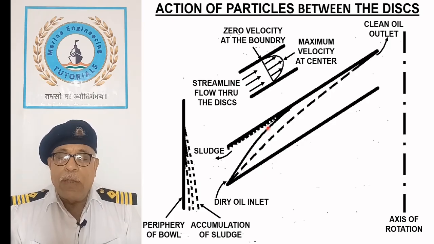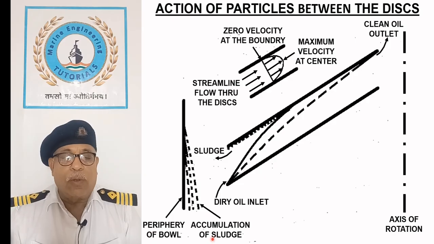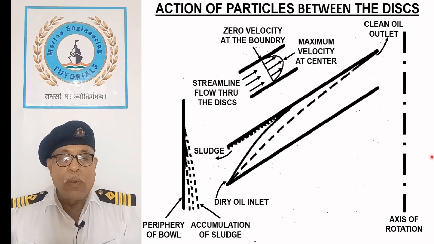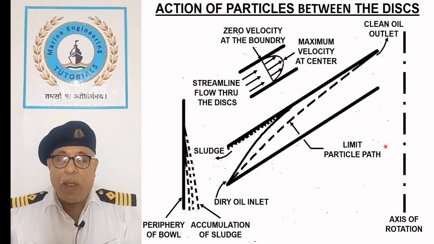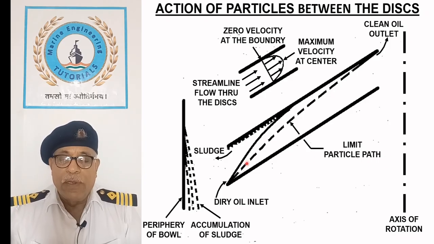Contaminants tend to settle on the underside of the disks where the velocity is minimal. These particles are then forced outward by the centrifugal action into the sludge space of the bowl. The limit particle path defines the smallest particle size that can be effectively removed by the centrifuge.